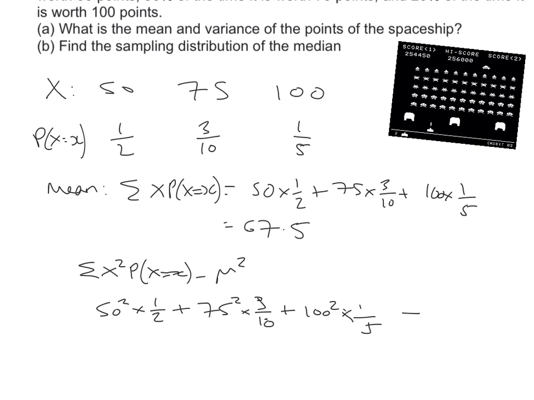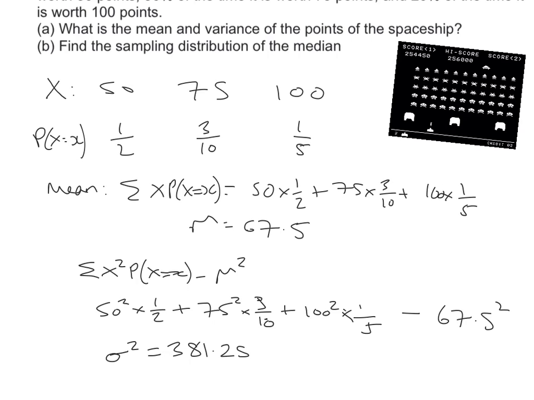And we also then need to take away the mean, which is 67.5, and square the mean. And when we calculate that, we should get 381.25, and that is our variance. So here's our mean, here's our variance. Pretty simple, couple of marks there.